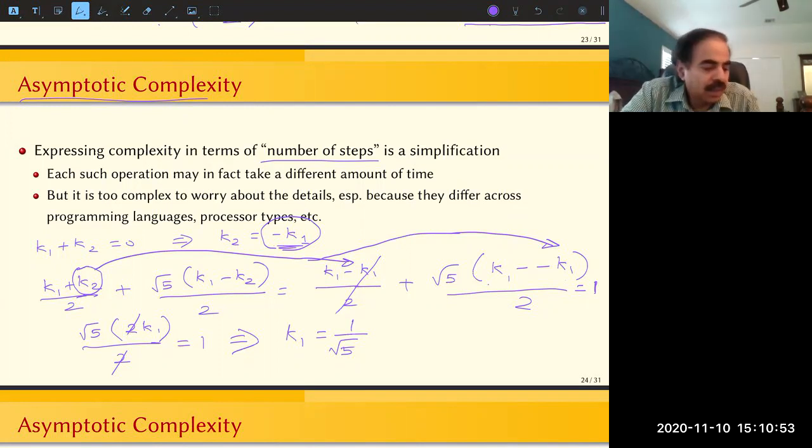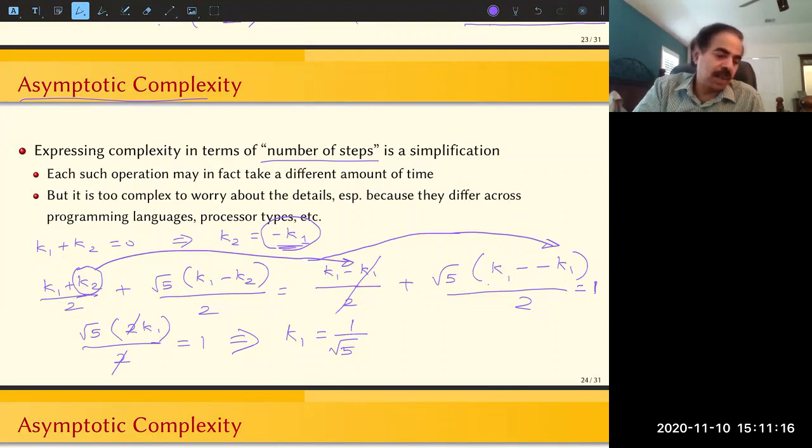So the notion of asymptotic complexity has been developed in order to give a rough idea of how long algorithms can take to run, without necessarily getting bogged down in details about how long specific steps take on specific machines.